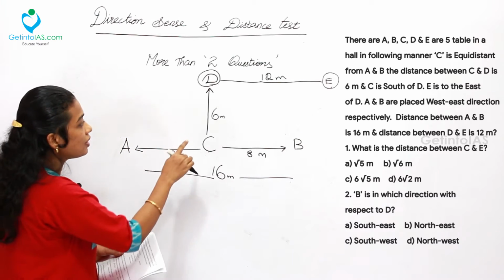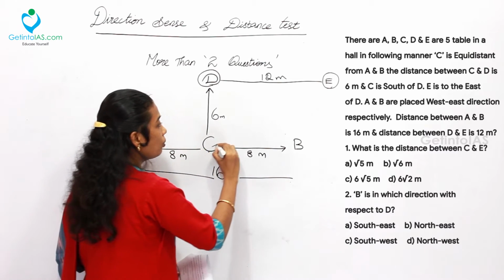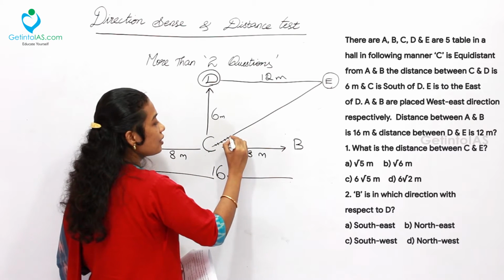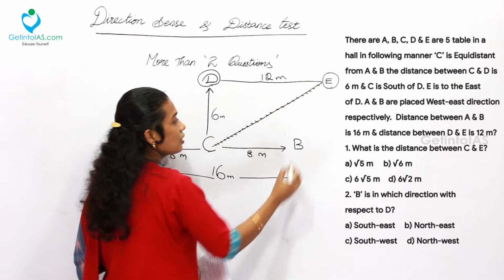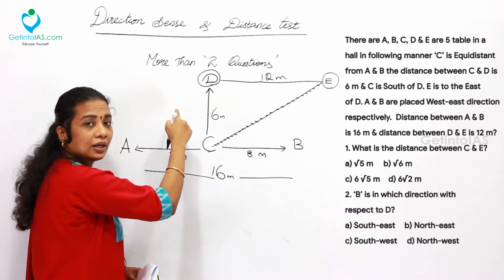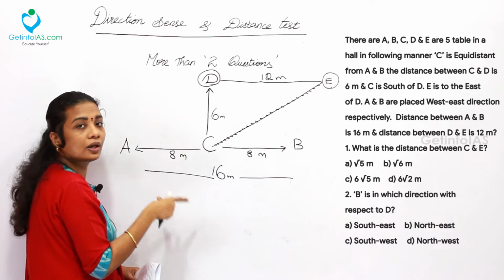Let's see the total distance between C and E. C is placed over here. From this point, I will have to make the distance, so the dotted line is for the distance. Whenever you are looking at these things, you will have to make a right angle triangle. Already the right angle triangle is given here, so directly you can get the answer.